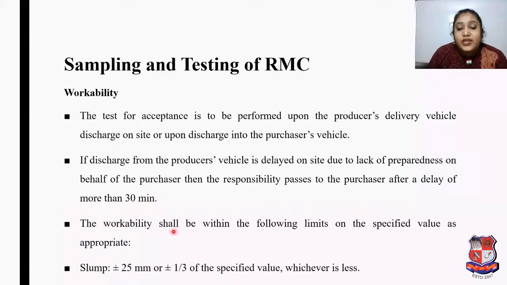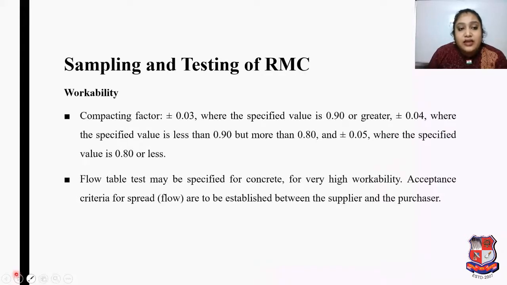The workability shall be within the following limits on the specified value as appropriate. For slump, plus or minus 25 mm or plus or minus one third of the specified value, whichever is less.